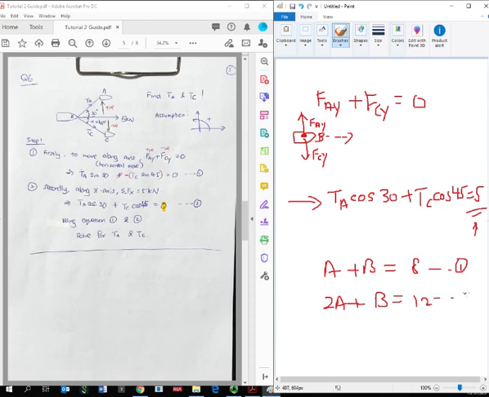I just give you an illustration only. Then you can find B equals 8 minus A. If you express this in terms of A, you put it into the other equation, so that means 2A plus 8 minus A equals 12.